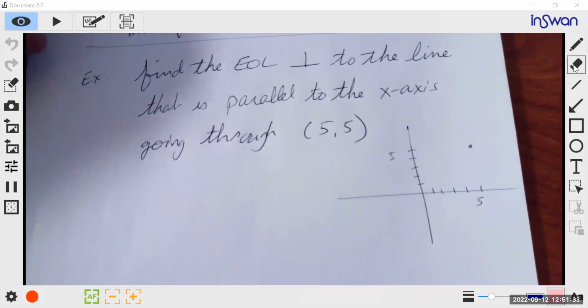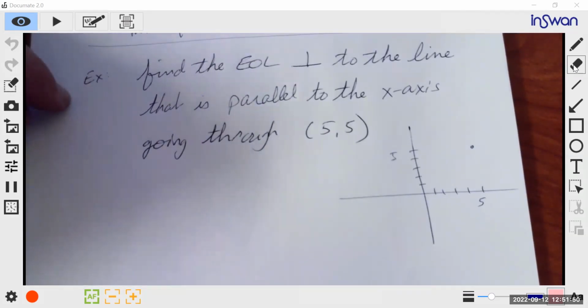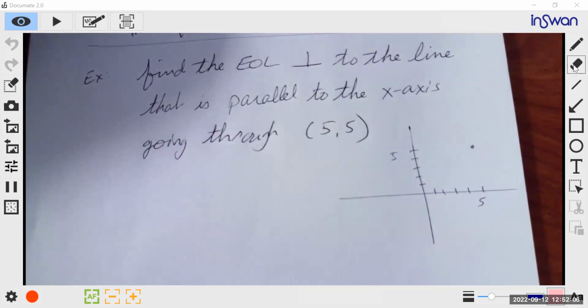It's perpendicular to the line parallel to the x-axis. Read the first two lines. What would be right across to the x-axis? Would it be on the negative side?